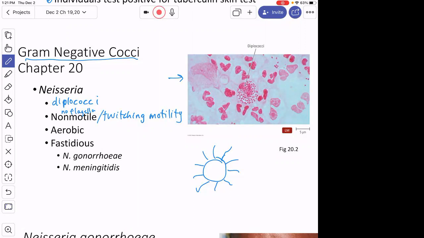Those pili can attach to other cells or structures, and then it's kind of like a grappling hook, where it can pull itself closer. So it's a very slow motility. It's not like the runs and tumbles we get with flagella, but sometimes that's considered motility as well.